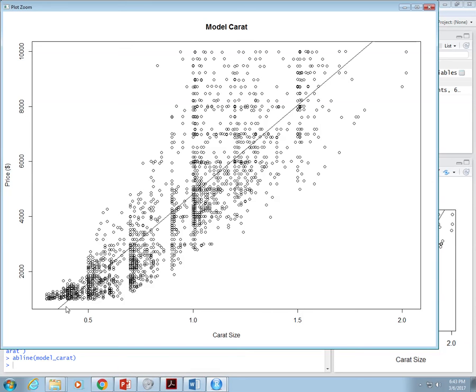What I'm saying is that I think a lot of these diamonds are actually priced less than $1,000, but we don't get to see them because they're artificially raised. And the same with these $10,000 diamonds. I really doubt there are that many diamonds that are exactly 10,000 and no diamond that costs more than 10,000. My money's on there being some diamonds above that. And so when you censor that data, it's going to artificially flatten your slope.